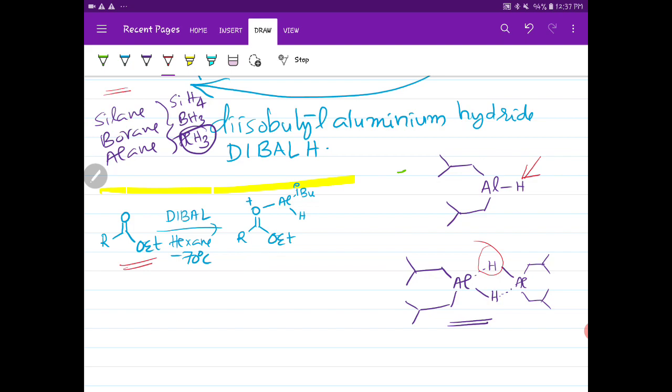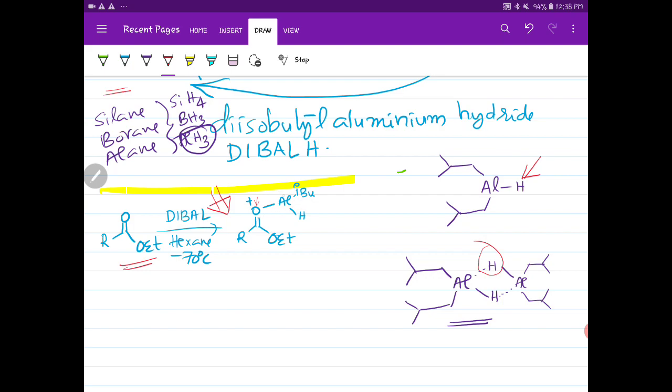Lewis acid means a substance which requires electrons, and the ester is electron rich, so it will donate a pair of electrons to aluminium. This is the Lewis acid-base complex that is formed.